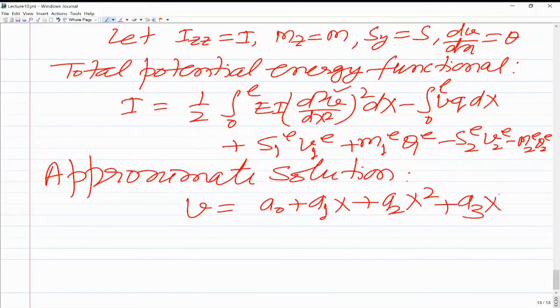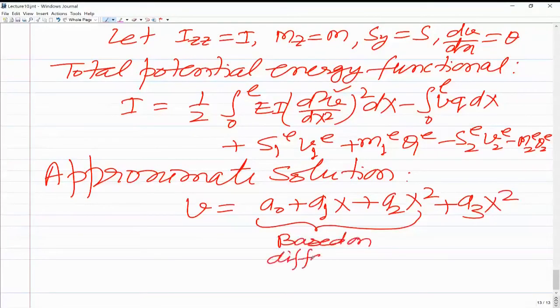So the minimum approximate solution we can assume for this Euler-Bernoulli beam finite element is a cubic polynomial in x. This is the minimum requirement, the first three terms, minimum based on the differentiability requirement.